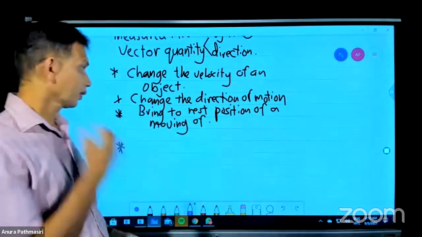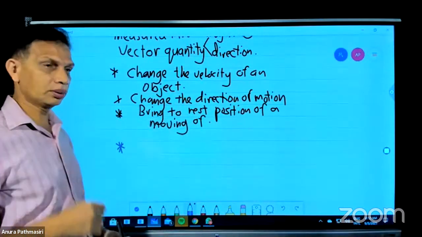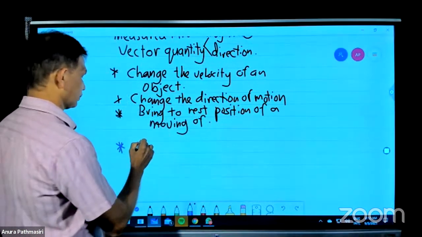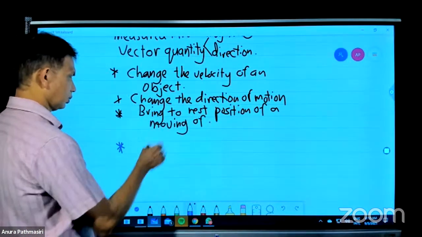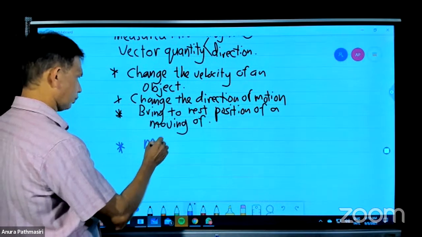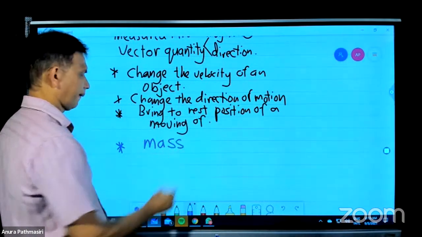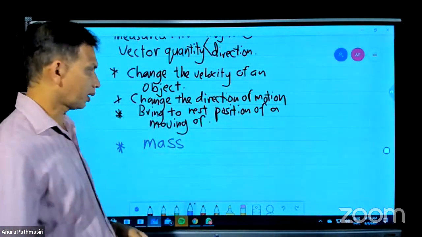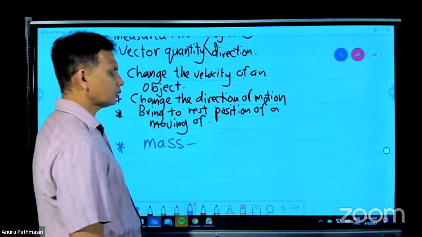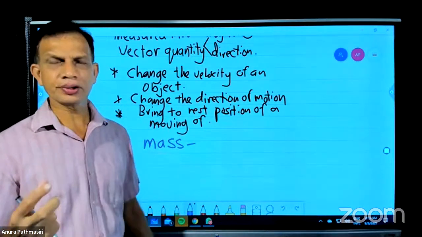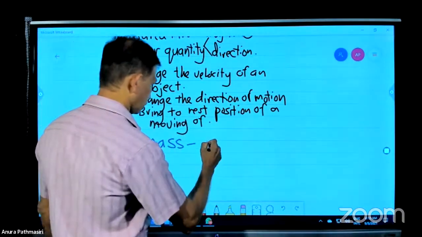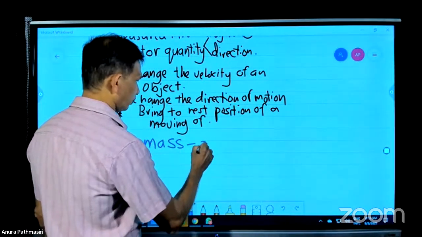As I told you, what is weight? What is mass? The first thing is mass. What is mass? Mass is the amount of substance that an object has.